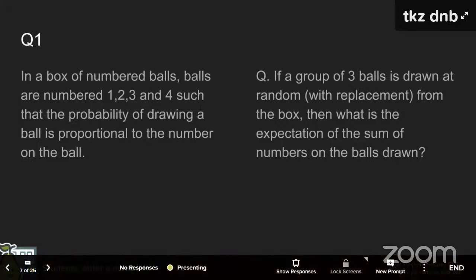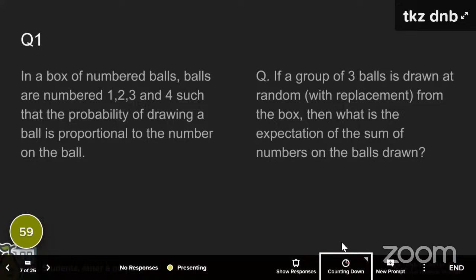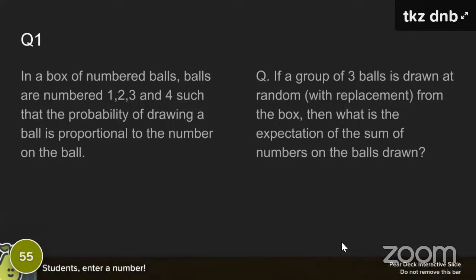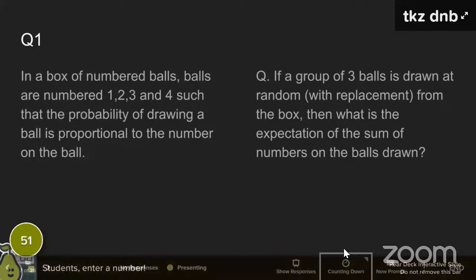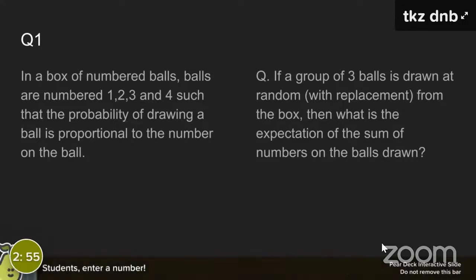This time the question is slightly changed. 3 balls are drawn and you have to calculate the expectation of the sum of the numbers on the balls. You got the question? Yes, ma'am.